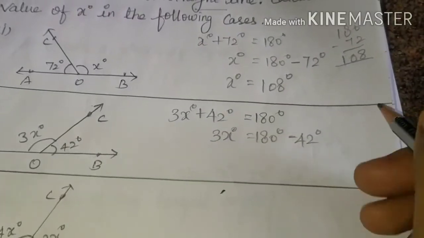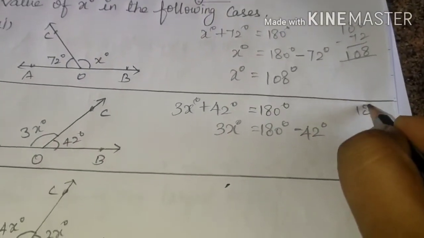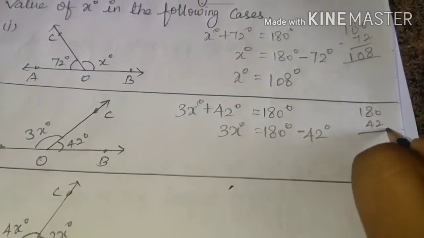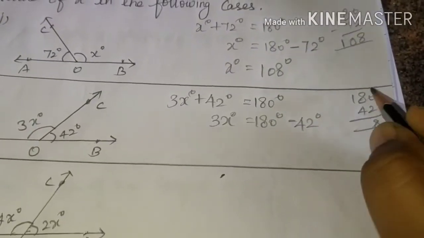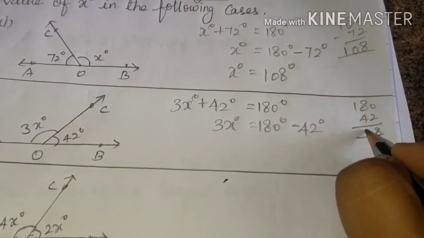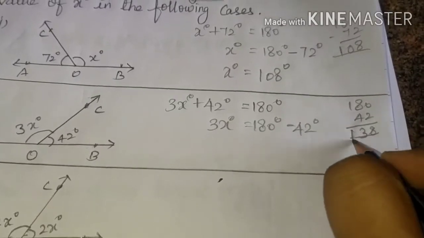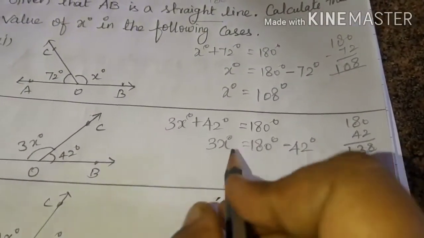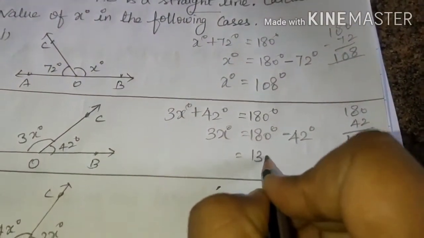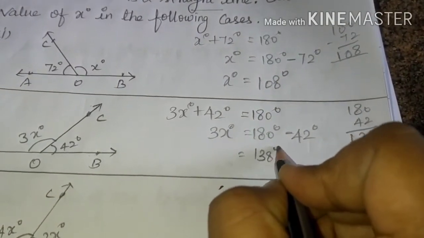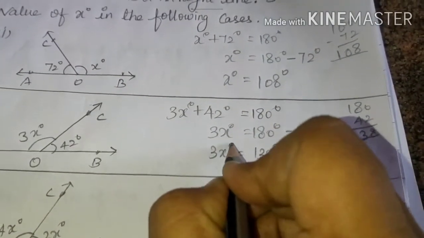So 180 minus 42, what will come? 10 minus 2 is 8, 7 minus 4 is 3. So 138 degrees you will get. This side you have 3x degrees.